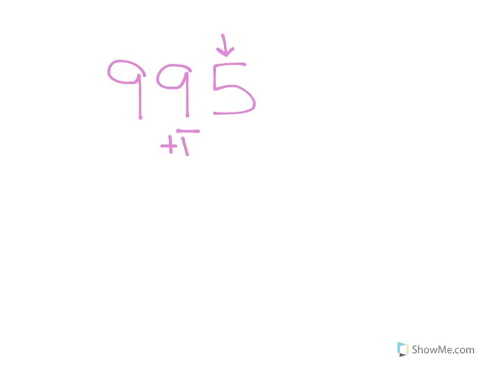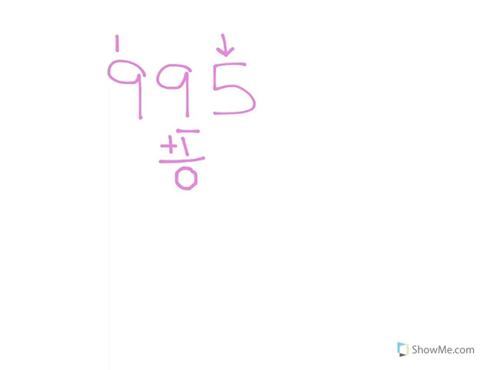Wait a minute. Well, that's interesting. Check this out. If I add 1 to my 9, I get 10. Watch this. This is what I like to do. I'm going to pretend it's an addition problem. I'm going to keep my 0 down here as normal. I'm going to carry my 1 from my 10 because I know I can't have 2 digits in the same place value. Now check it out.